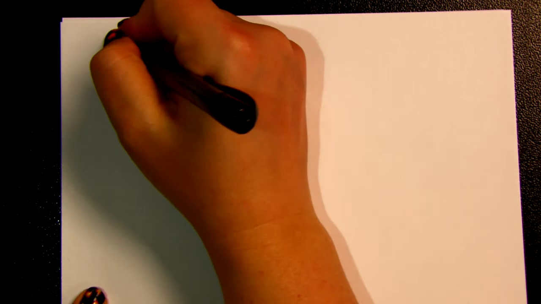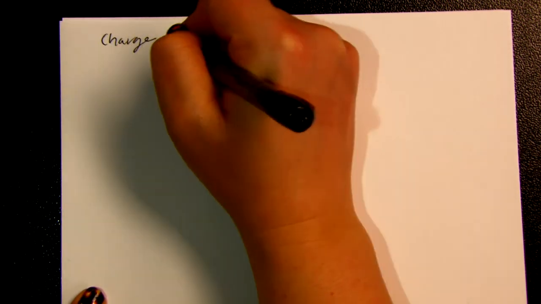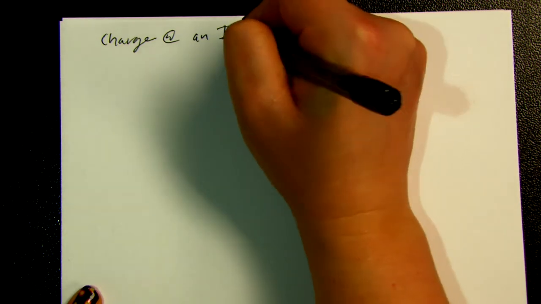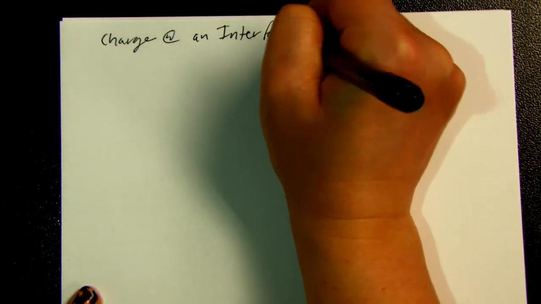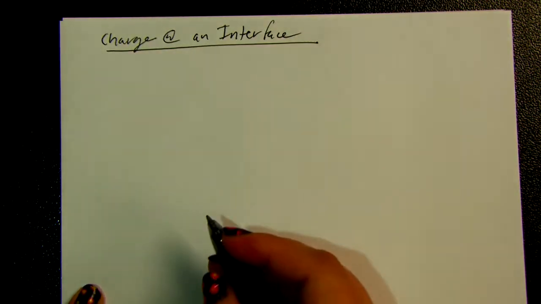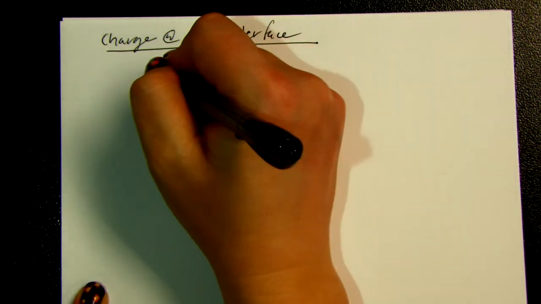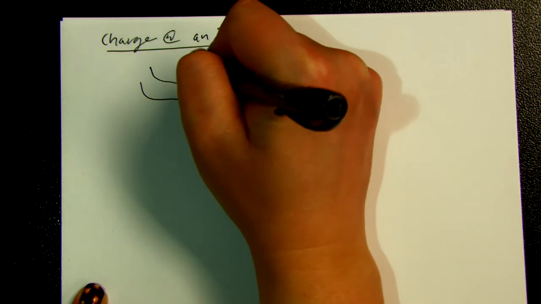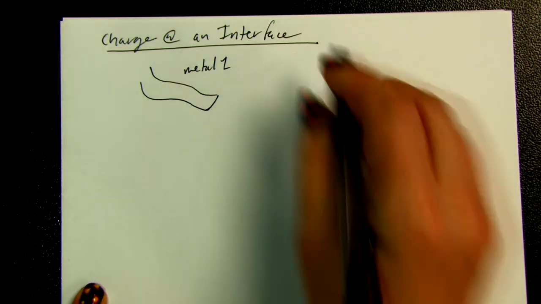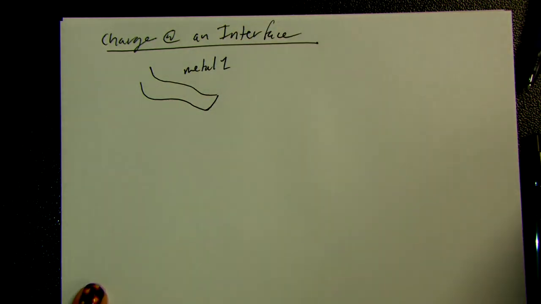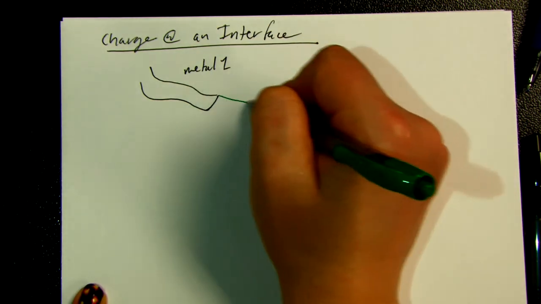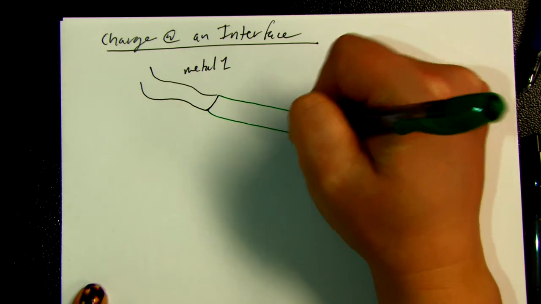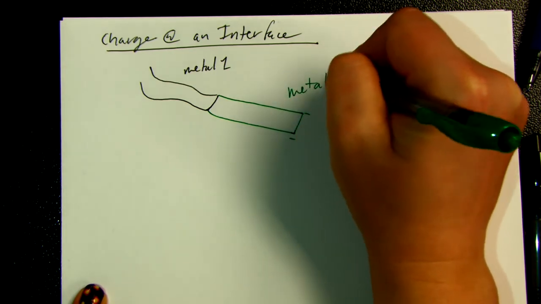Picking up where we left off, charge at an interface of two wires of different materials. So we would have a wire made out of metal 1 connecting to a wire of a different material, metal 2.